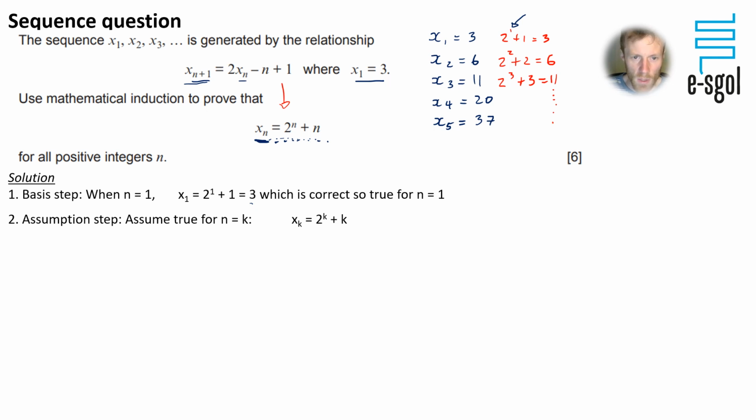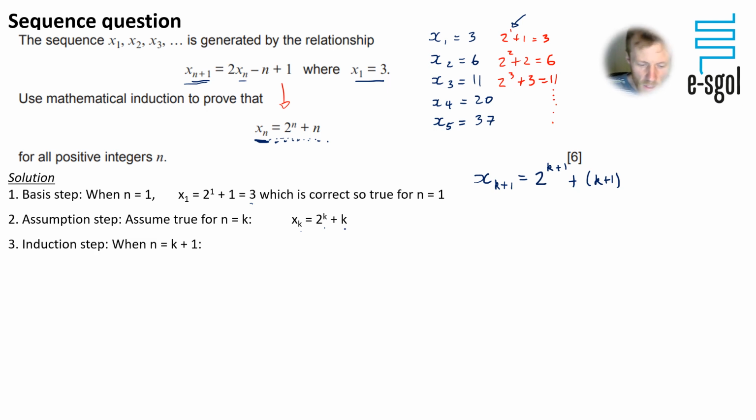Ultimately, what I would like to do, and sometimes it's worth writing this, is thinking about what do I want to get. Ultimately, I want to get x k plus 1 equals 2 to the power of k plus 1 plus k plus 1. Okay, I need it in this format, but with all of the k's replaced for a k plus 1. That's what I'm trying to achieve.